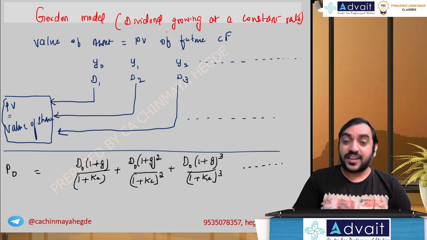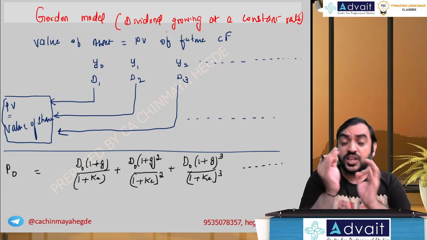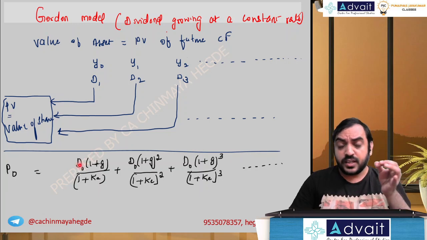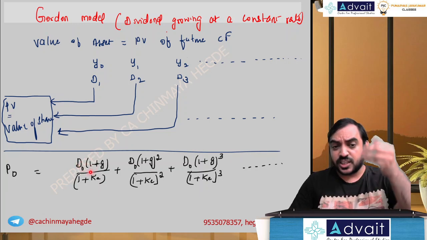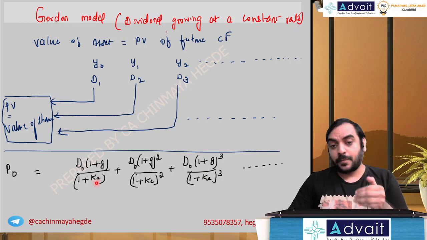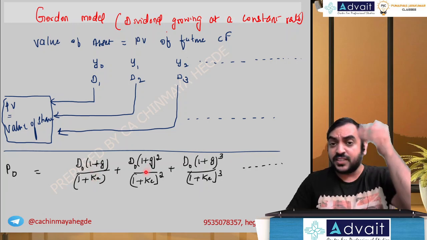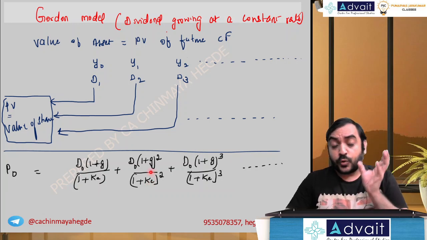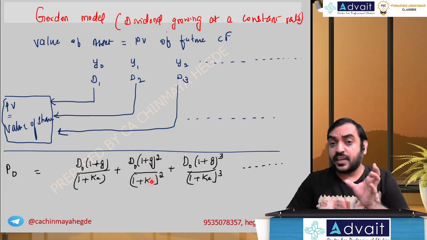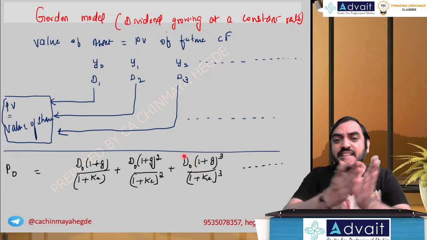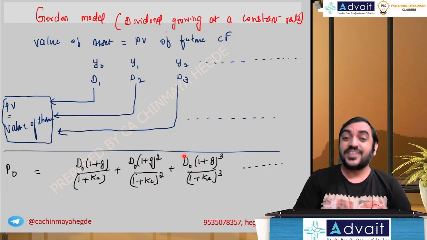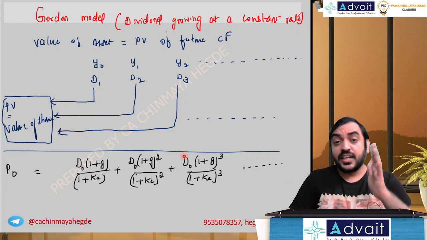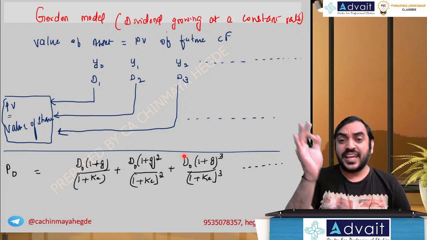Now, if you see this pattern, this actually follows a geometric progression. What is a geometric progression? Observe D0 like this. What is this term? (1 plus g) by (1 plus Ke). Next, (1 plus g) square by (1 plus Ke) square. So both terms are multiplied. Again you multiply by (1 plus g) by (1 plus k). It becomes the common ratio. Basically, this follows a geometric progression pattern, summed up to an infinite series. In geometric series, we have the formula a by 1 minus r.